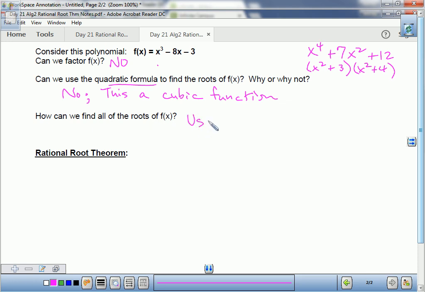What we're going to do is use something called the rational root theorem to see if there are any rational roots.